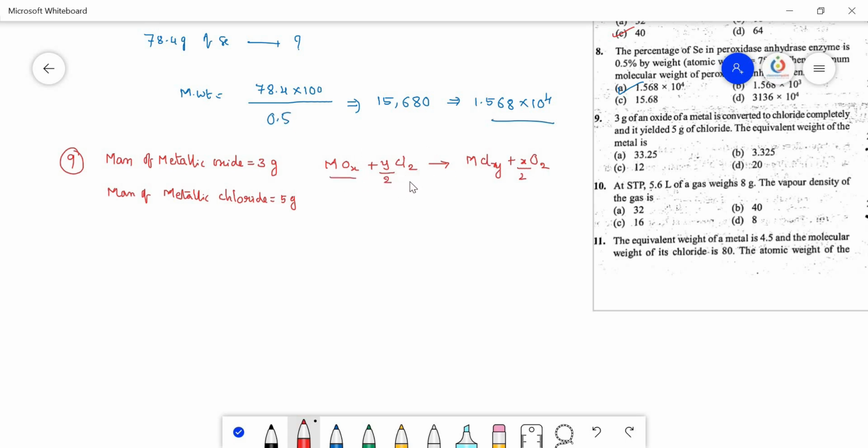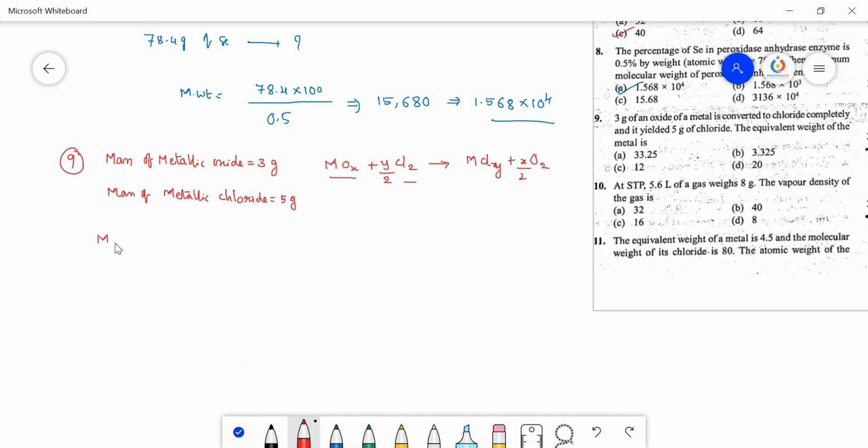So one metallic oxide reacts with the chlorine, and finally the oxygen has been replaced by the chlorine, but the metal is there as it is. Then how to calculate the equivalent mass of the metal? We have already solved a similar question. Let us see how to do it.